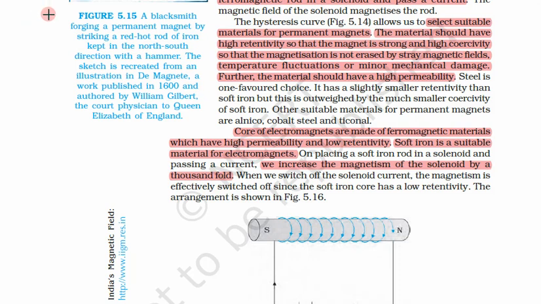That means even a little bit of temperature can destroy its magnetism. So we don't need that kind of thing. We always use steel in magnets. The other suitable materials for permanent magnets are alnico, cobalt steel and Ticonal. So these are the materials which can be used.